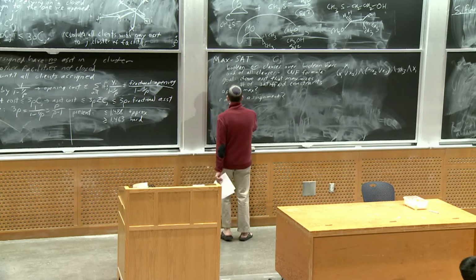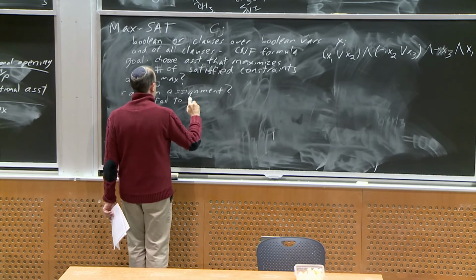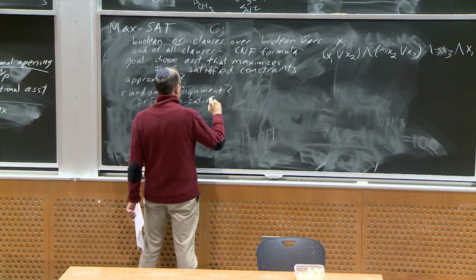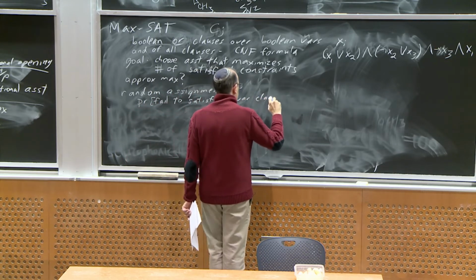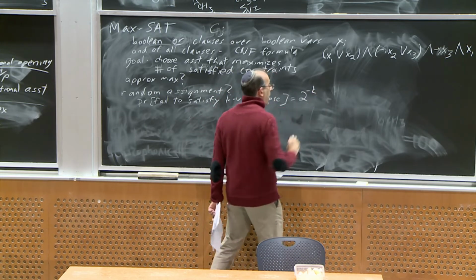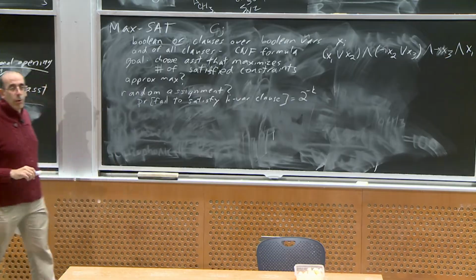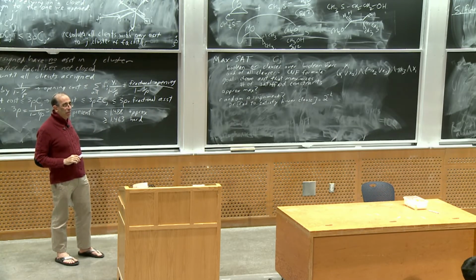Because the probability that you fail to satisfy a k-variable clause is only 2 to the minus k, right? There's exactly one assignment of the variables that doesn't work for a clause.